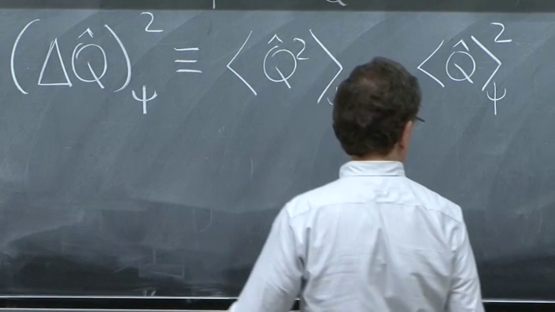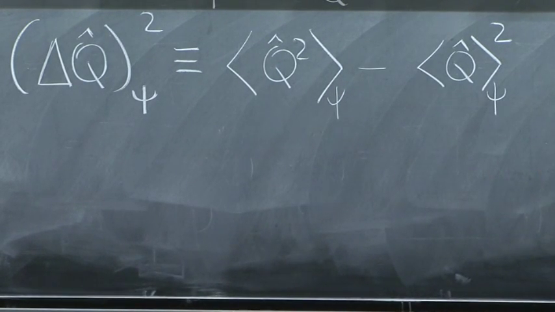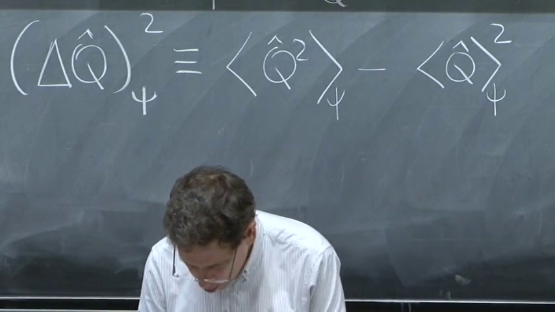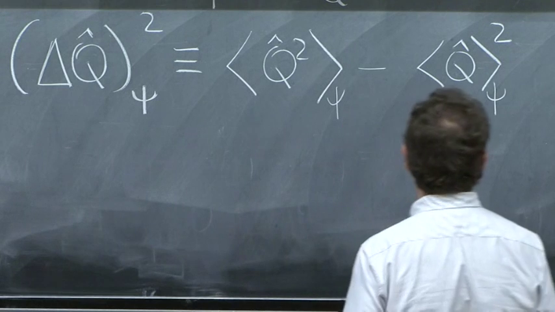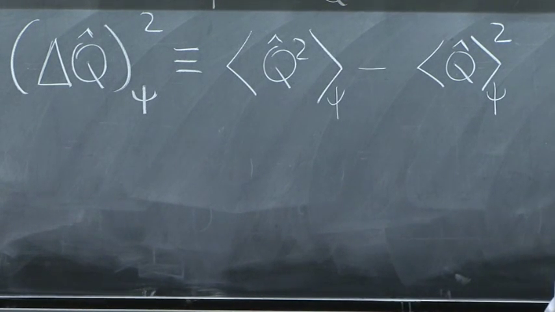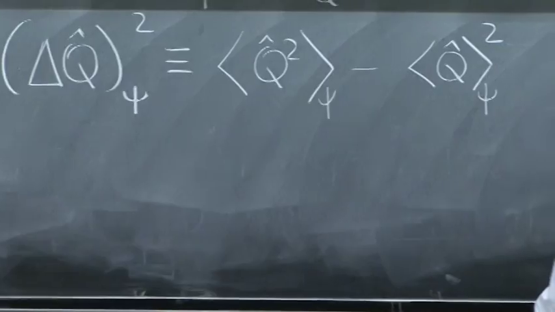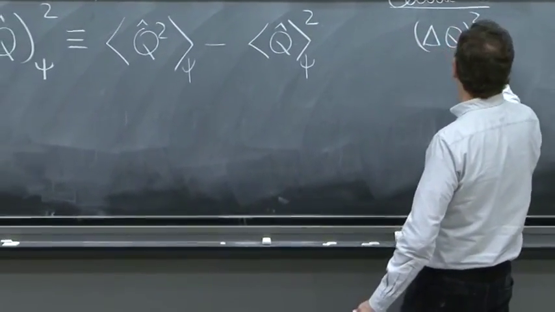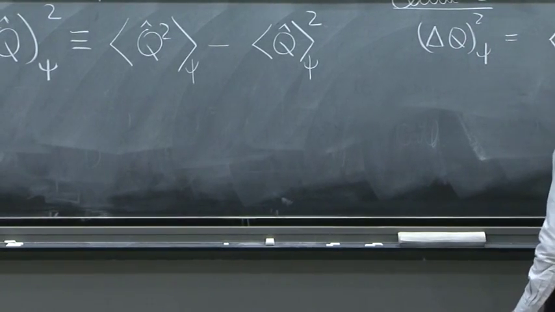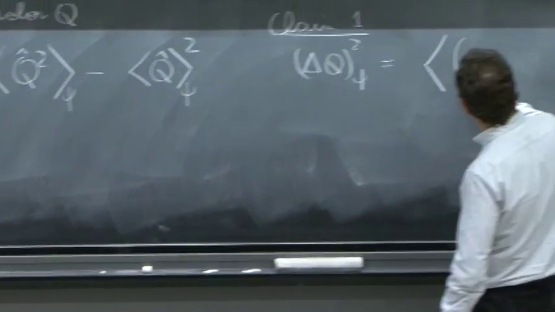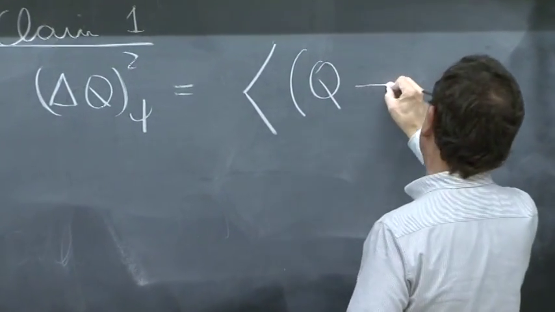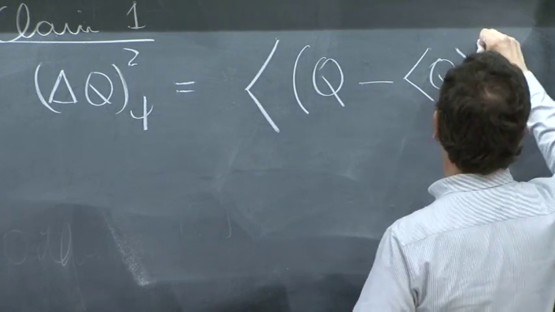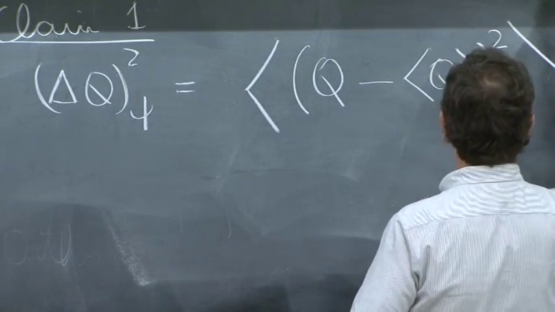Maybe it doesn't give you too much insight yet, but let me say two things, and we'll leave them to complete for next time. Claim 1 is that delta Q squared on psi can be written as the expectation value of Q minus the expectation value of Q, squared, like that.